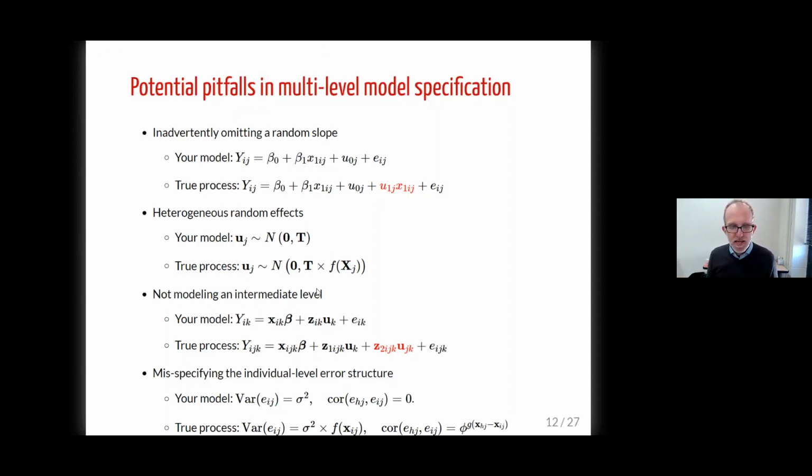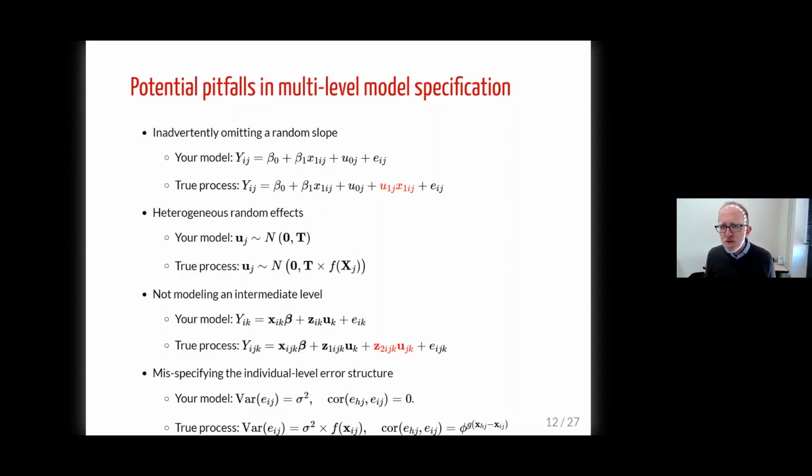Like with time series data, maybe we've actually got an autoregressive process that we forgot to include in the model. So again, the model is misspecified. We can't necessarily trust the standard errors or hypothesis tests or confidence intervals that come out of that model.